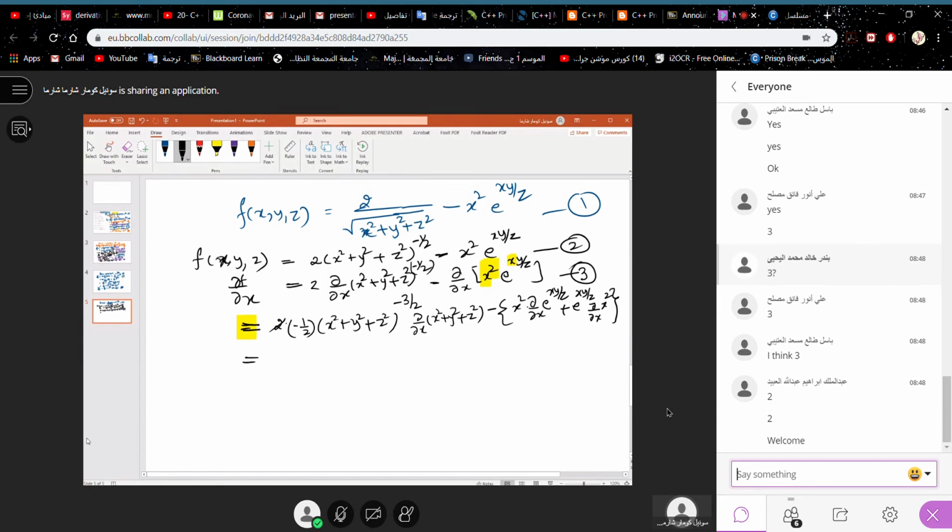This is 2, so this 2 cancels. Minus x square plus y square plus z square whole power minus 3 by 2, and its derivative is 2x. Minus x square into derivative of exponential function is same. Then derivative of y upon z.